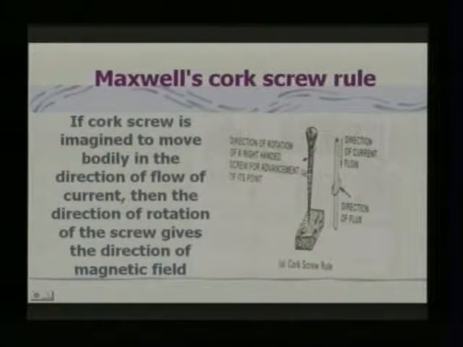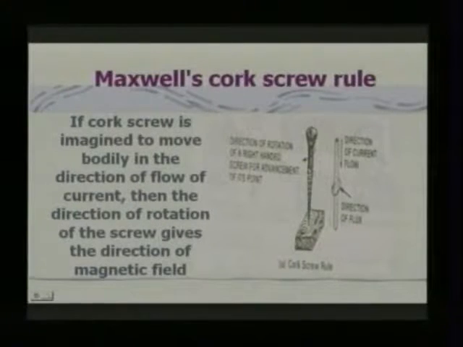Suppose a corkscrew is imagined to move bodily in the direction of flow of current as shown in the figure, then the direction of rotation of the screw gives the direction of magnetic field, that is clockwise or anti-clockwise.